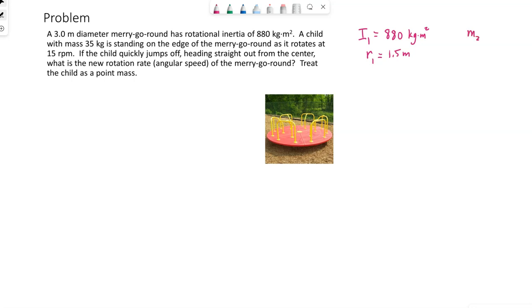Object 2 is the child. We're told the child has a mass of 35 kilograms. The child is originally on the edge of this merry-go-round.